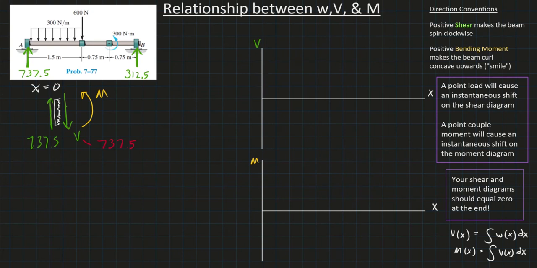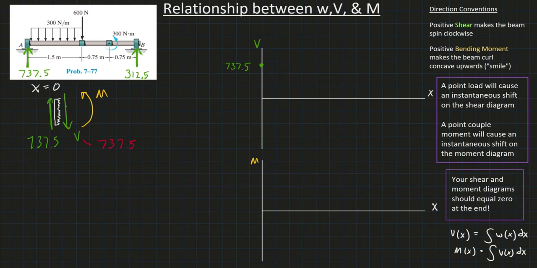And that basically puts this 737 right around here. Just make sure you really get why this is positive shear here. Alright, so at x is equal to 0, my shear, that is to say my starting shear, is this positive 737.5.